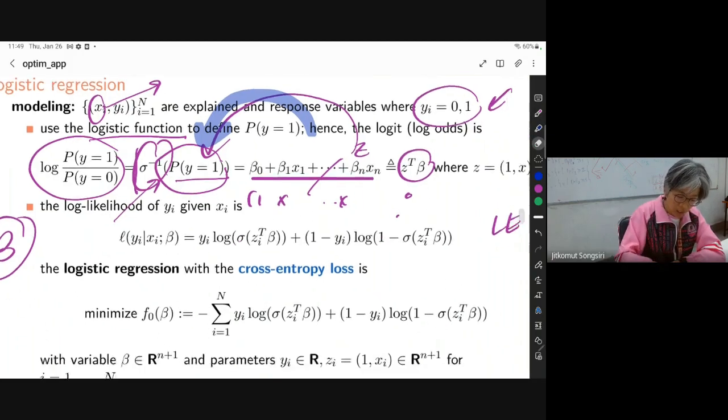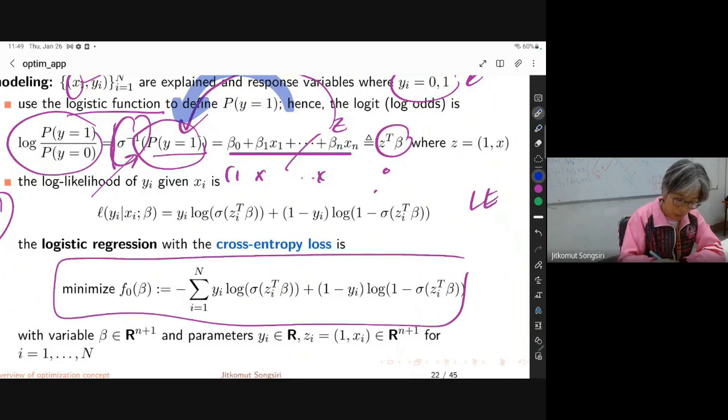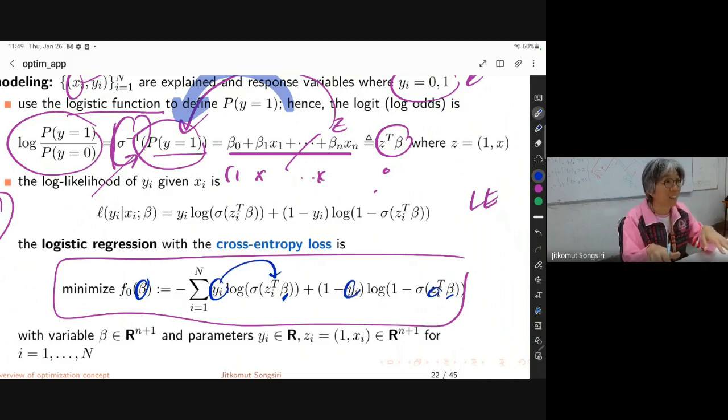Now, when you see this as an optimization problem, again, we recognize that my variable is beta. The other things, y and z, are data. Of course, they will be given in terms of the optimization problem. Y and z are problem parameters that have to be set beforehand. We want to solve for beta.